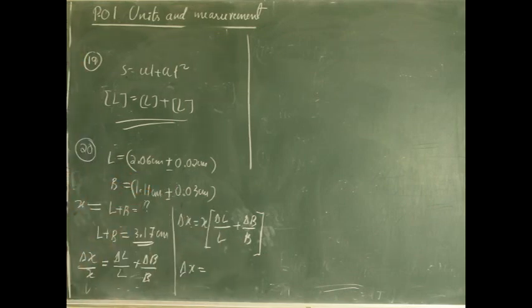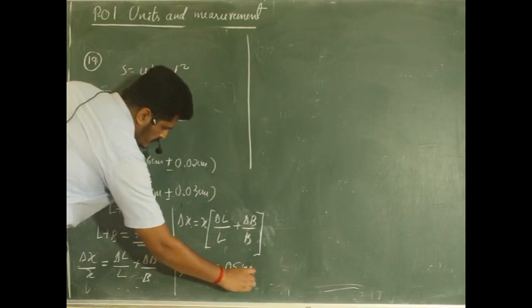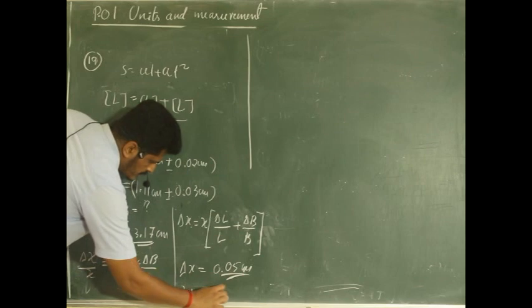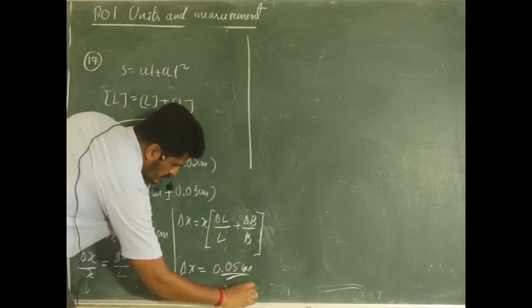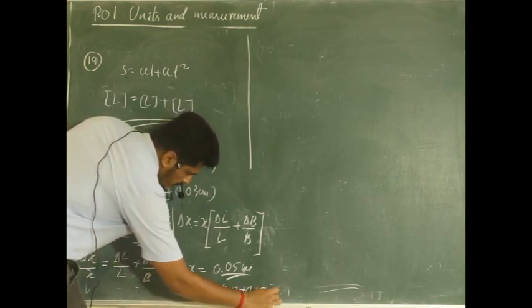The answer you get is 0.05 after substitution. So x plus or minus delta x is equal to 3.17 plus or minus 0.05 centimeter.